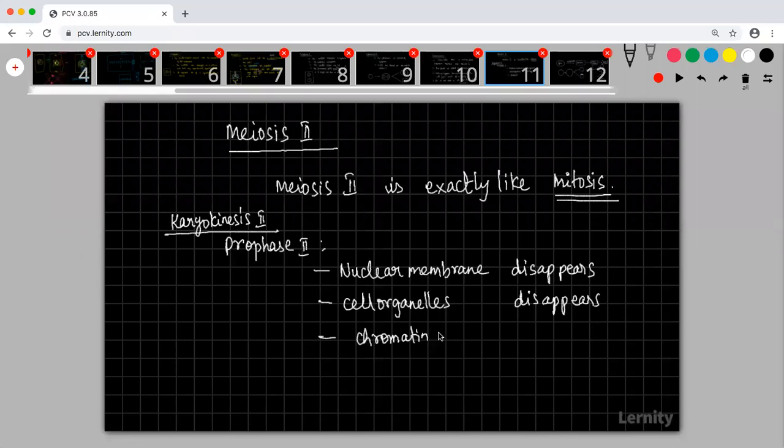So the chromatin fibers condense and spindle fibers arise from the centriole.